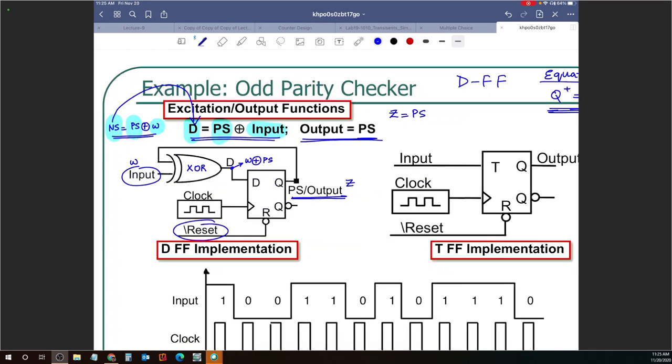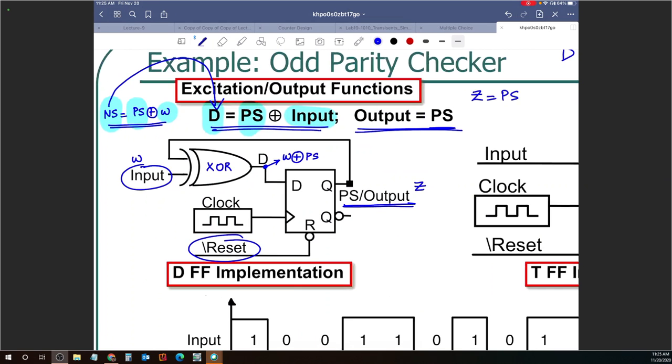So what is this, right? Your input bit stream is coming on this wire. It goes through the exclusive OR gate into the D flip-flop, and the output is over here, right? Now let us suppose we start things off as reset.